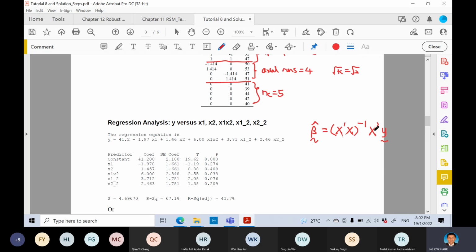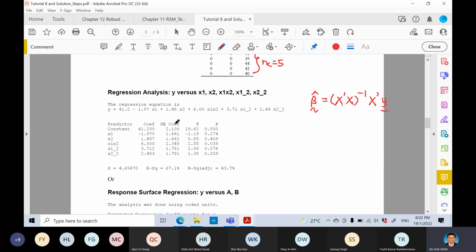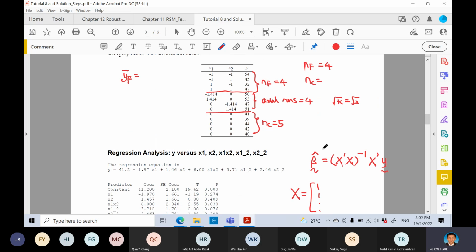The y here, you already have it. The x here, you need to write: the first one will be 1, then the second one will be -1, and the rest until 0.